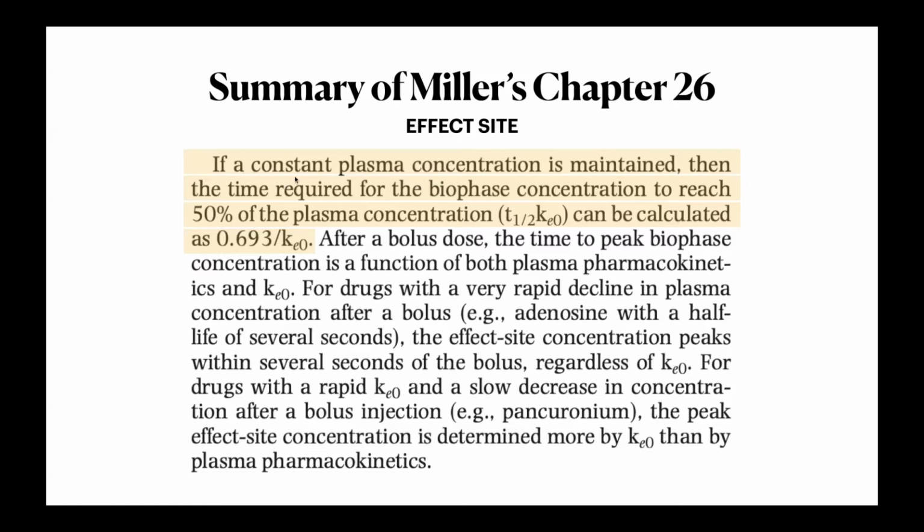So the first line says, if a constant plasma concentration is maintained, then the time required for the biophase concentration to reach 50% of the plasma concentration, T half KO, can be calculated as 0.693 divided by your elimination rate constant. That sentence there, easy, no argument with that.